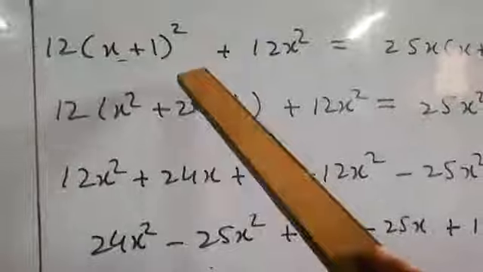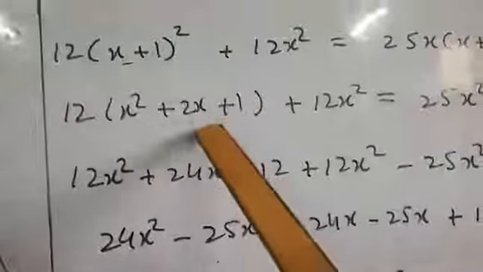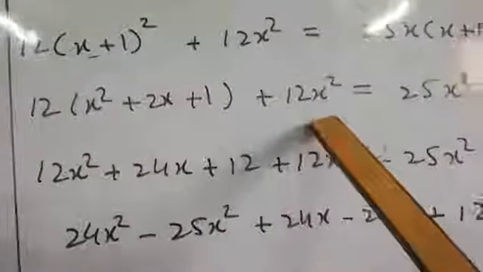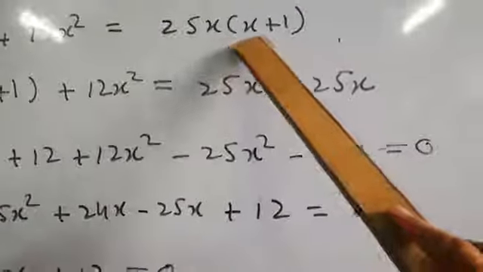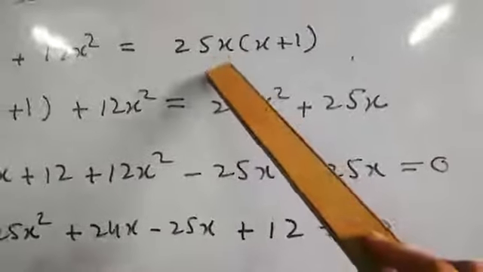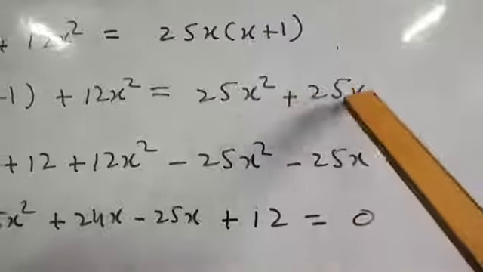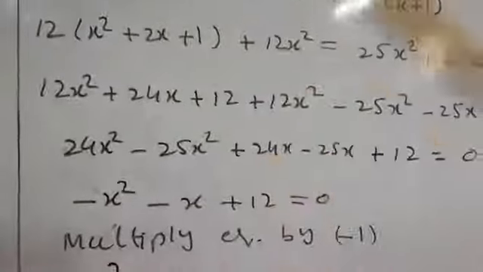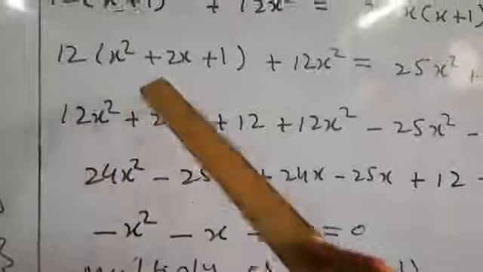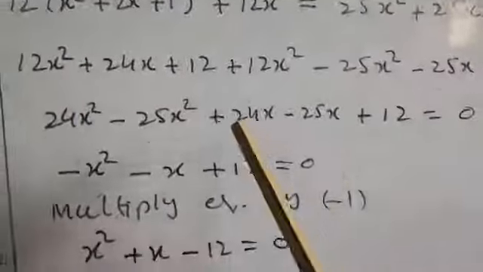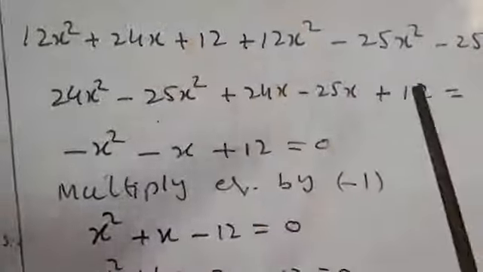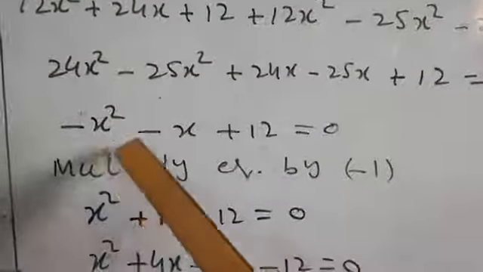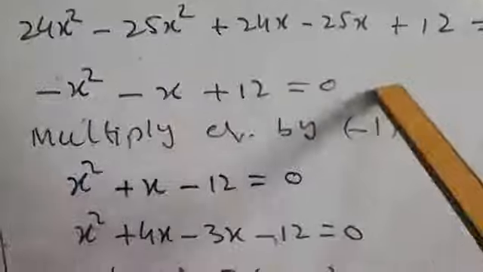So remove the bracket by using the formula x square plus 2x plus 1, and write the other values as they are. Here 25x into x equals 25x square, and 25x into 1 equals 25x. So we will remove the brackets and then combine all the values, and after addition or subtraction we get minus x square minus x plus 12 equals 0.